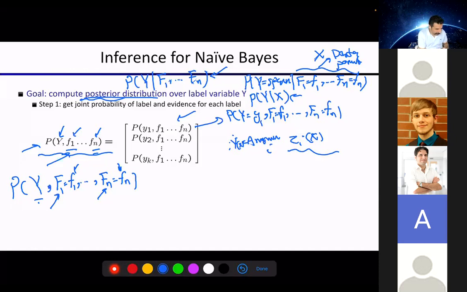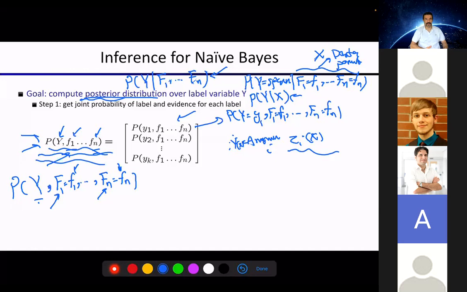But here, the first step is to calculate this joint probability distribution. This joint probability distribution is a sort of generative model. You can really generate data based on this type of model, and that's why it is a different type of model than discriminative.